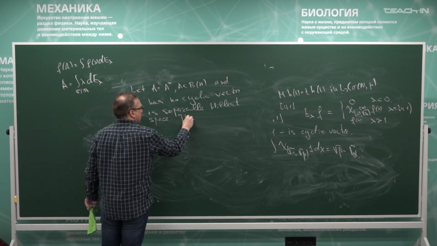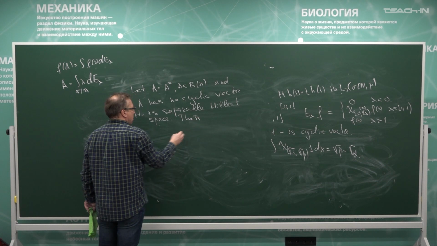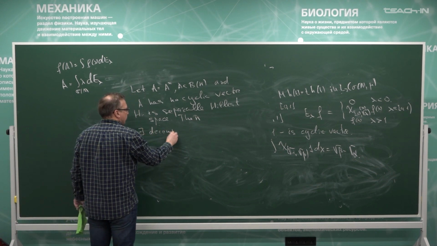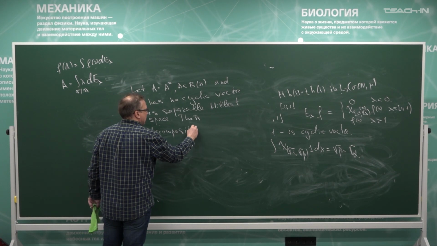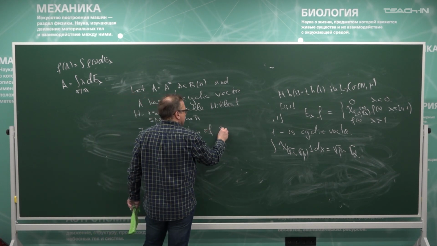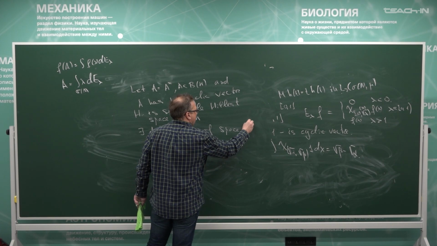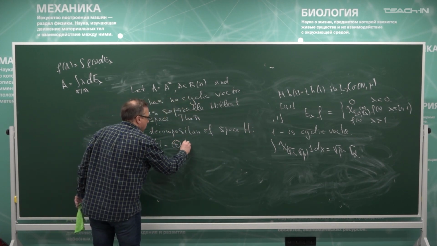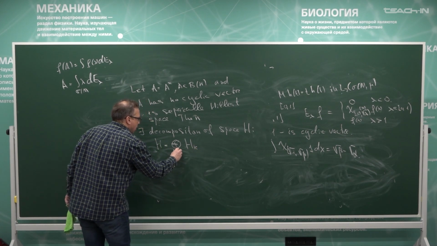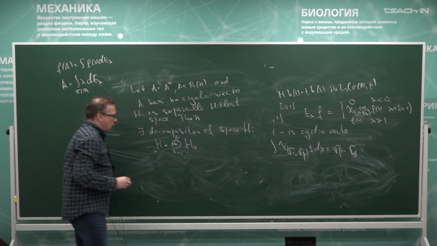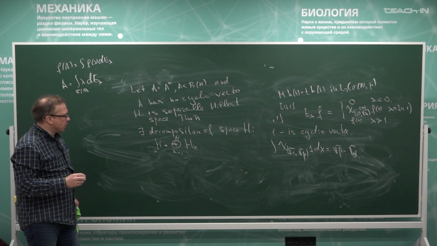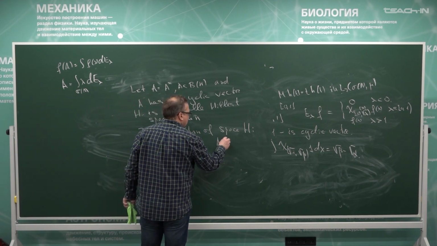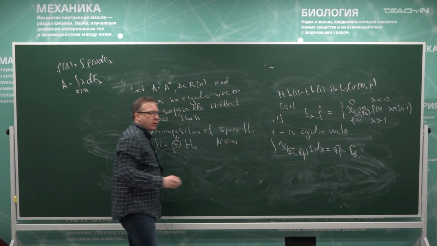Then there exists a decomposition of the space H as H equals the direct sum of subspaces Hk, k from 1 to capital N. And capital N can be finite or infinite.